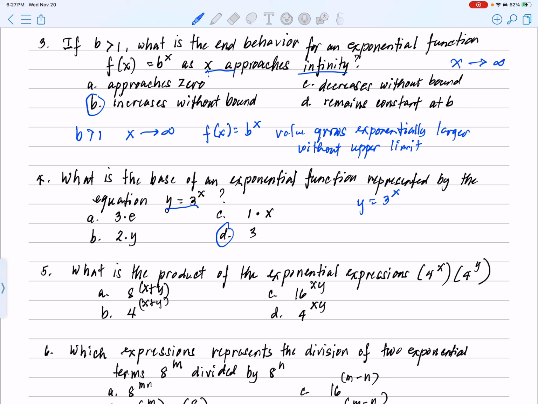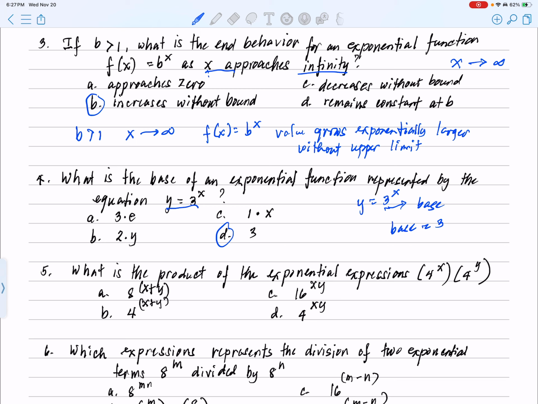This one, this is the base. If you remember in the exponents, when we did the exponential function, it is called the base, and the base here is equal to 3.